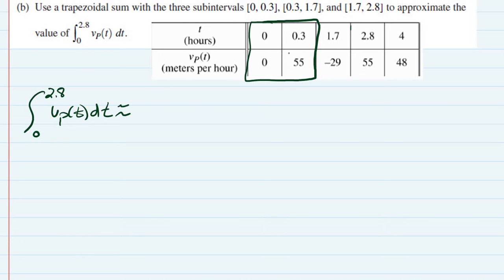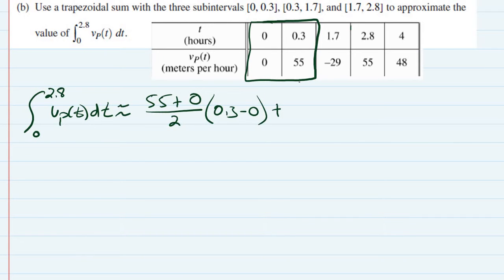So I'm going to take the area of the first trapezoid, the average of the 2 bases, so that's 55 plus 0 divided by 2, and multiply that by the height of the trapezoid. The height of the sideways trapezoid is the difference in the time along the time axis. So we'll say it's 0.3 minus 0.